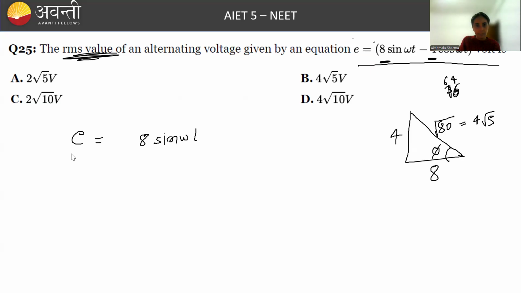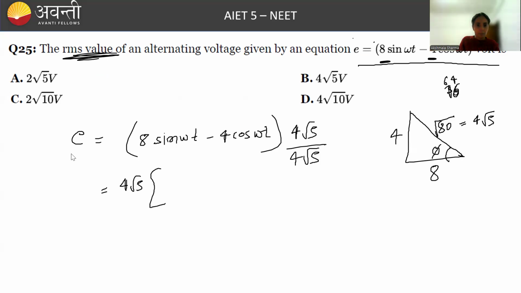8 sin omega t minus 4 cos omega t. What I am saying is, whatever hypotenuse has come, multiply by it. So you need to divide also. Now, 4 root 5 you take outside and this one you take inside. So 8 by 4 root 5 sin omega t minus 4 by 4 root 5 cos omega t.